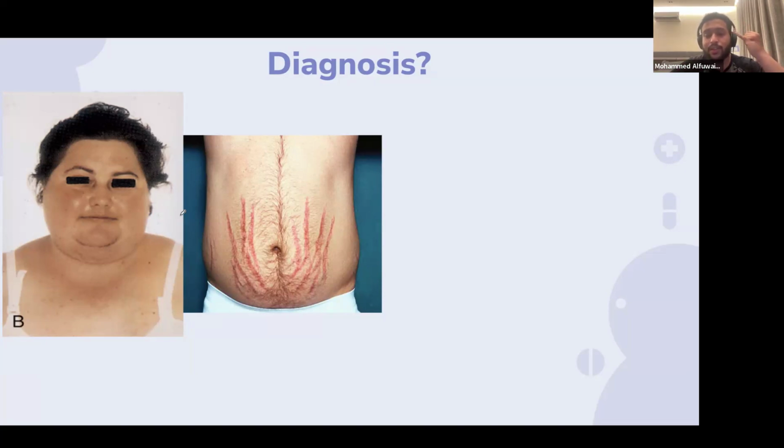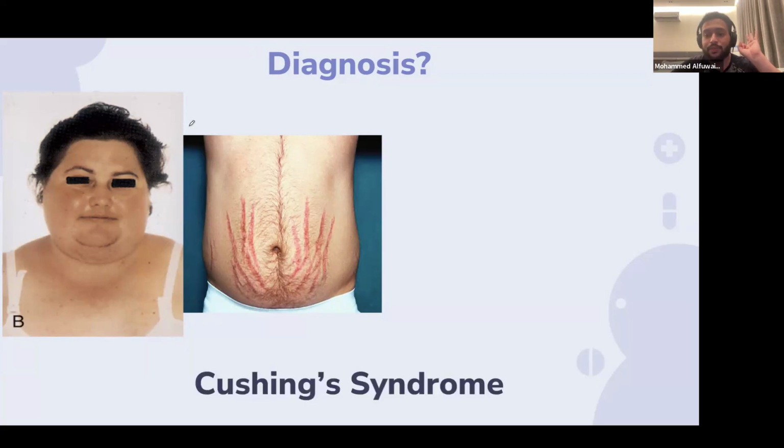Dexamethasone, first of all. Is it low dose or high dose dexamethasone in the screening? Low dose, good. What's the second test? Late night salivary cortisol, good. And one more, 24-hour cortisol, good.